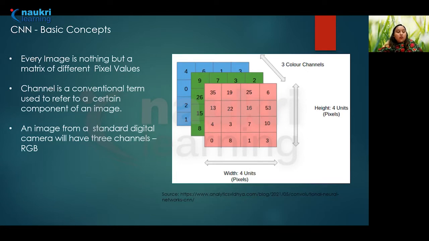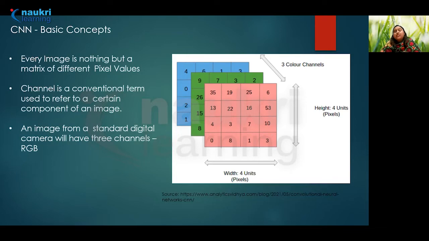A convolutional neural network is generally used to analyze visual images by processing data with grid-like topology. It is also known as ConvNet. It is generally used to detect and classify various features or objects from an image.